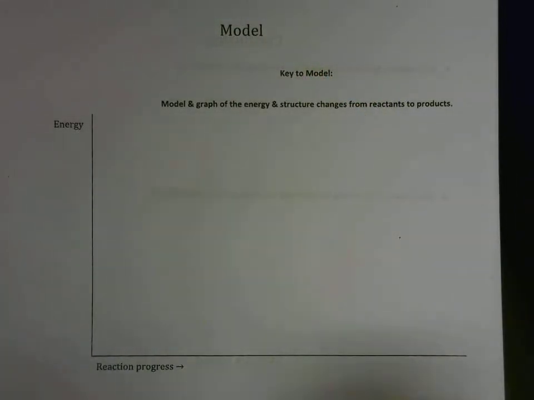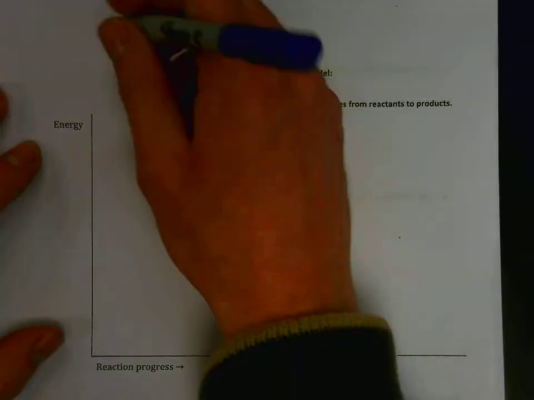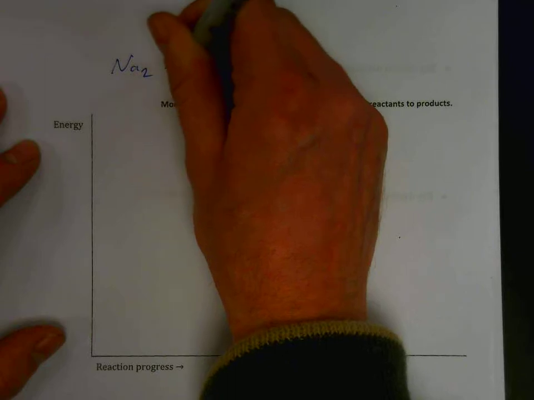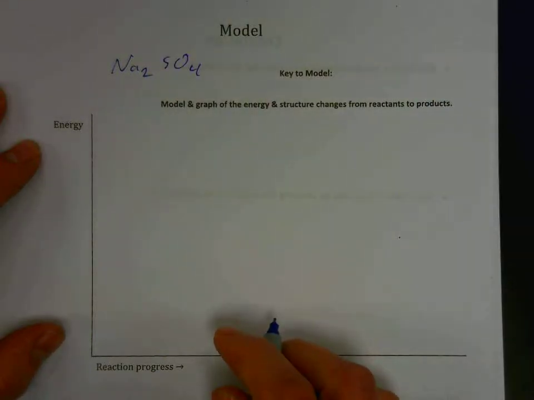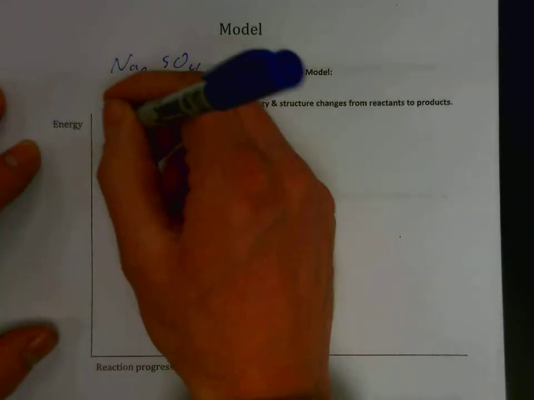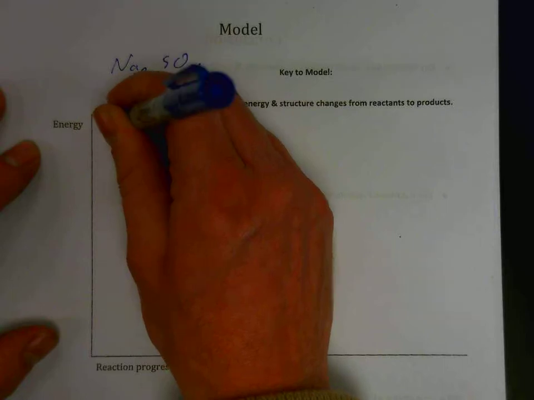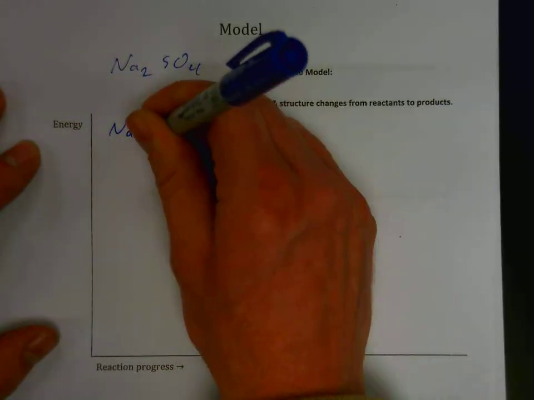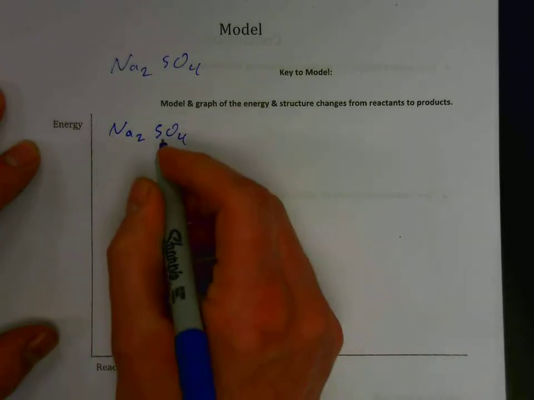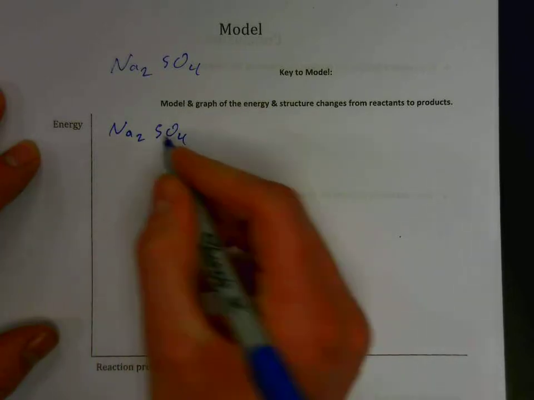So I'll take the example sodium sulfate. Now, first, let me show the equation for this dissociation. So we have two sodiums, and then we have one sulfate, which is polyatomic.